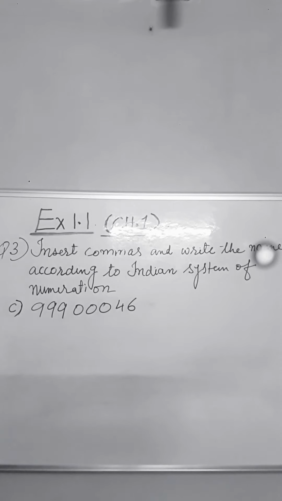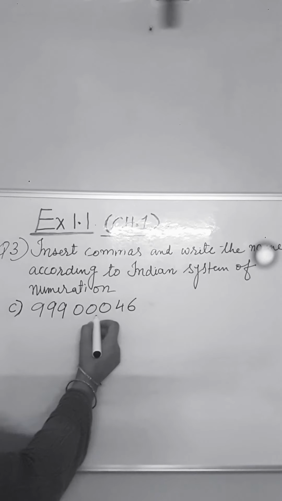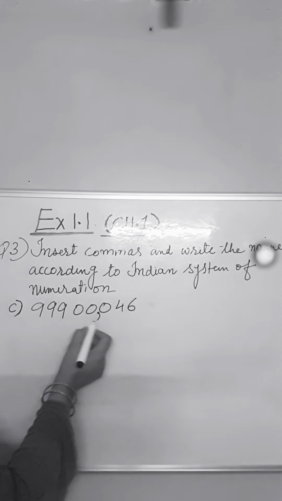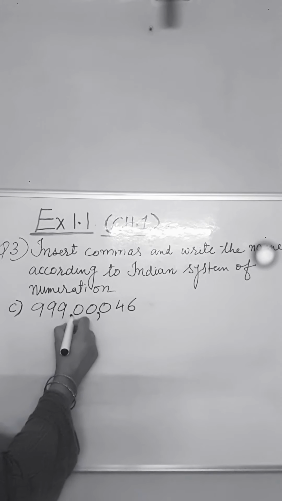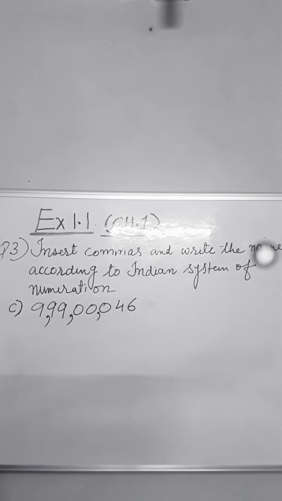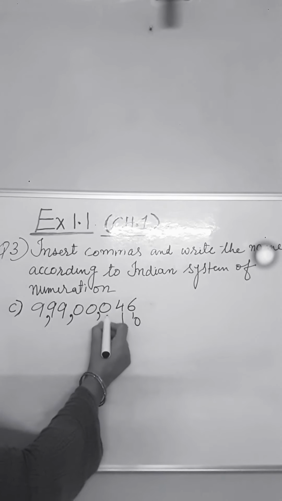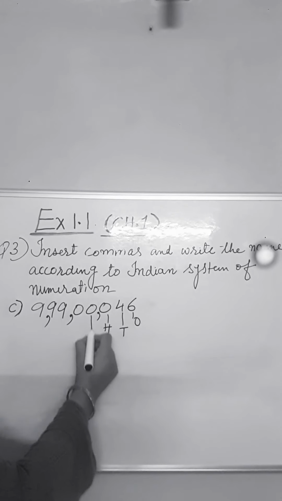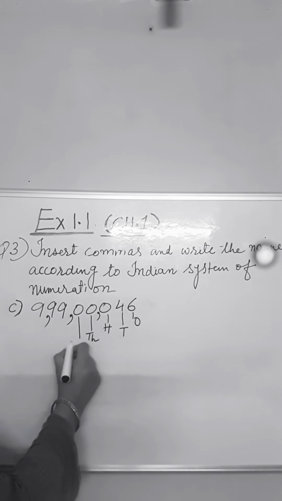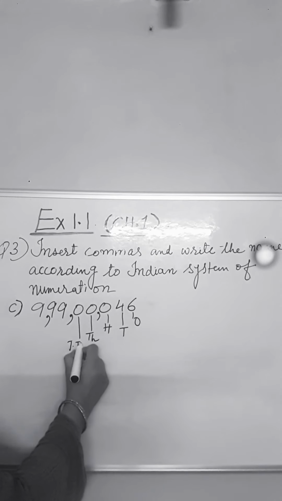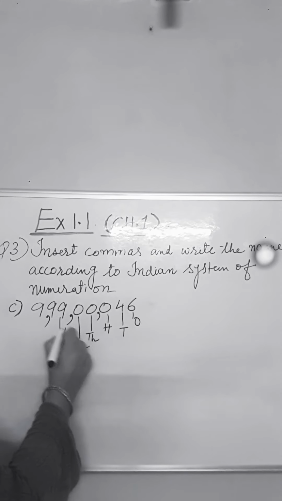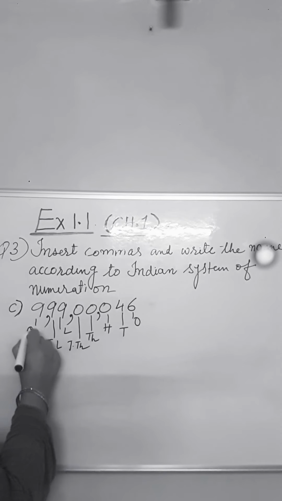So according to Indian system of numeration, first comma after 3 digits, then next commas after 2 digits, right? So we have put the commas after this: ones place, tens place, 100 place, 1000 place, 10,000 place, lakh, 10 lakh, then the last one is crore.